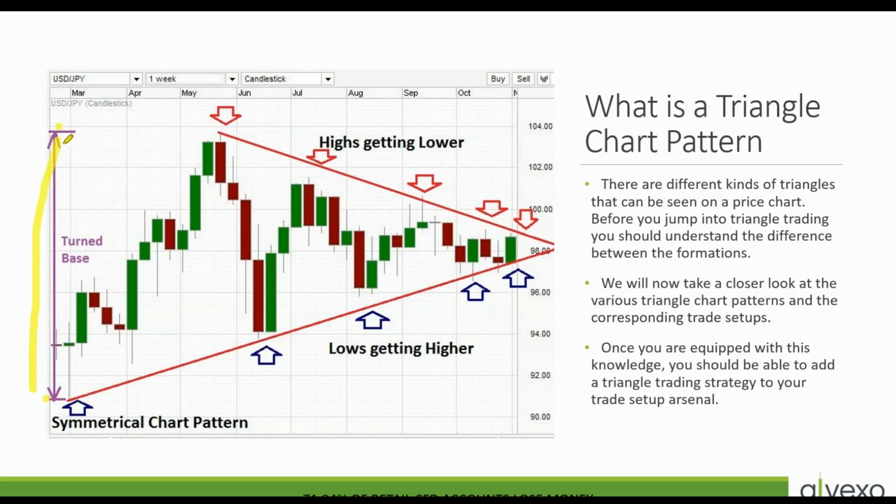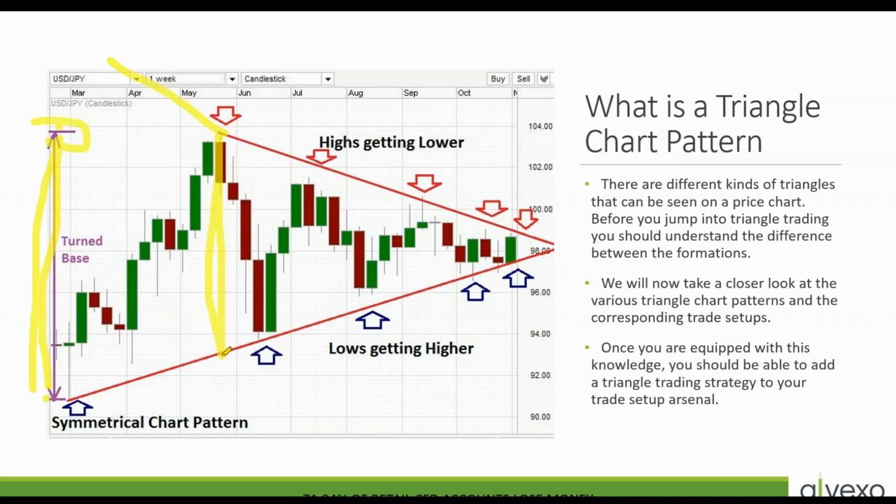Because in this example, this is not the base of the triangle. The base of the triangle would be from where both lines had started. Just because the support line started here, we didn't have a top line yet, because this could have been all the way out there. At this point, we have two lines that we can actually form that triangle. We couldn't form this triangle here. So the base of the triangle is when you can actually draw the base and connect the upper and the lower line together.